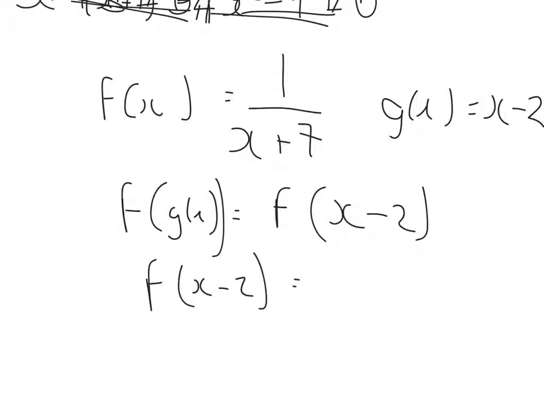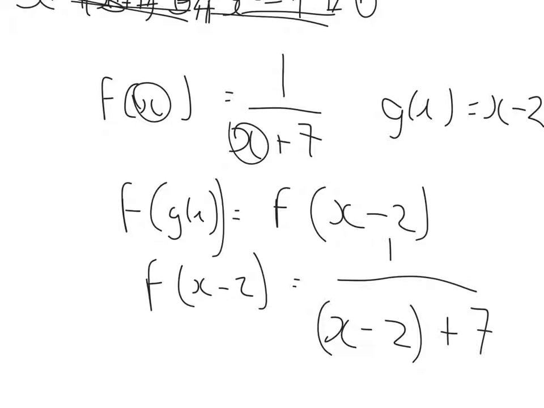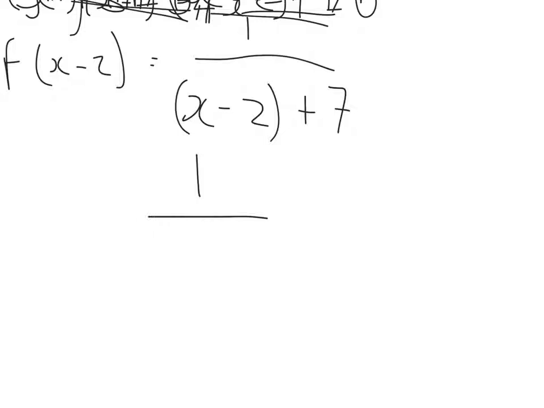So the f function tells me that whatever's in the bracket is on the denominator with this plus 7 with 1 up top. I can then tidy up the denominator. And that will be 1 over x plus 5.